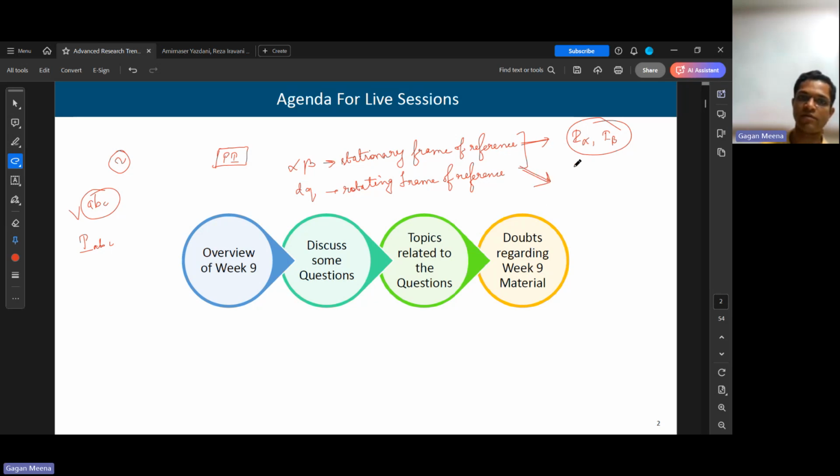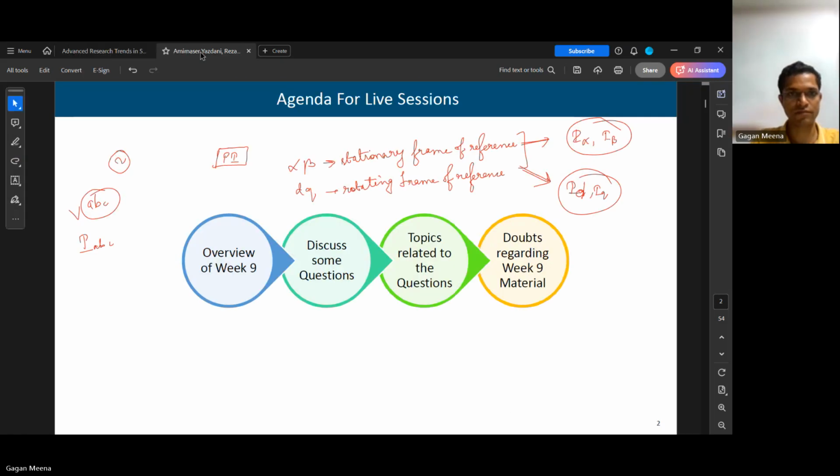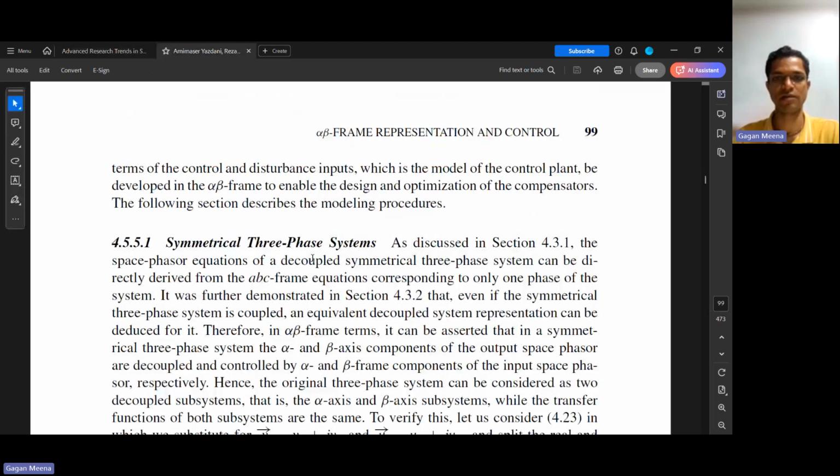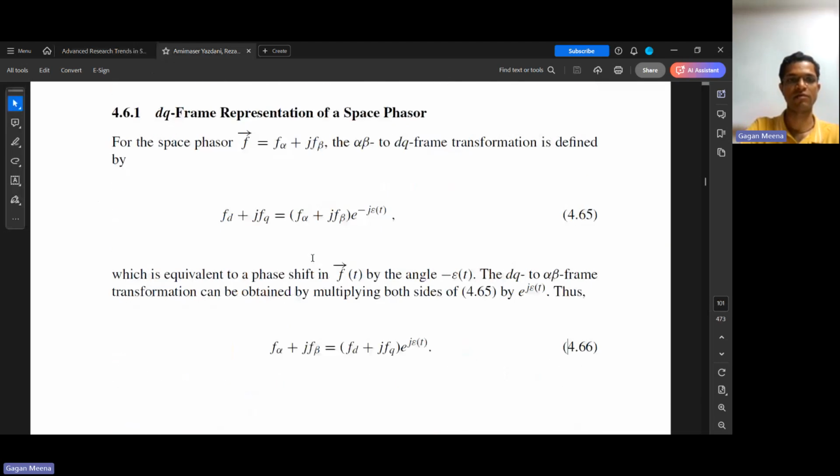But if we use this rotating frame of reference, then we get two components ID and IQ, which are stationary. So here the signal assumes stationary, and you can see here, we'll give some examples also.